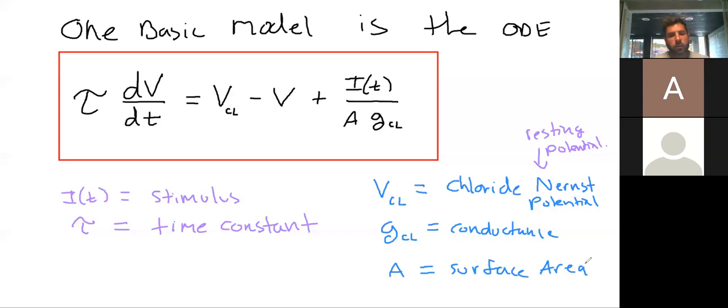And then the next thing we'll do is we'll ask, what about the more realistic thing: what if, instead of us giving it the current injection, we try to be more realistic and imagine that our neuron is receiving a stimulus not from current injection by you in a laboratory, but from other cells?